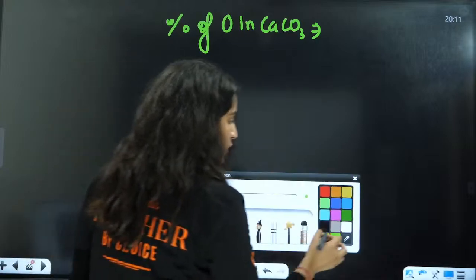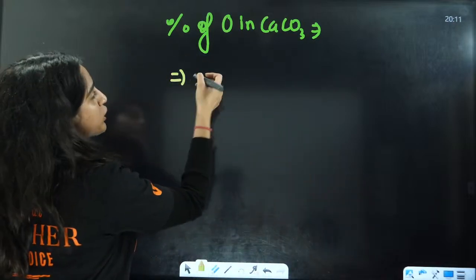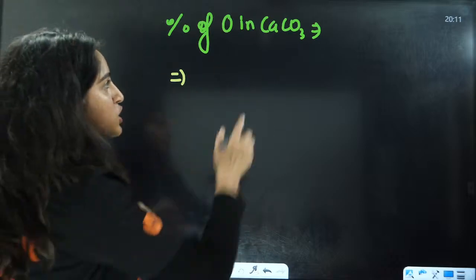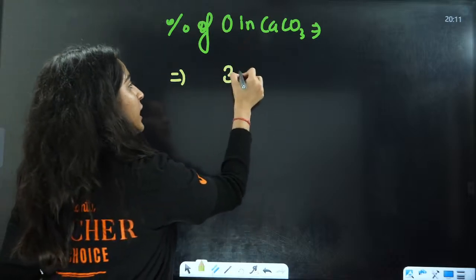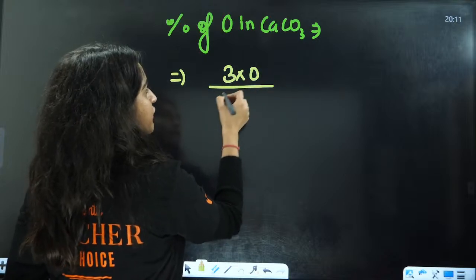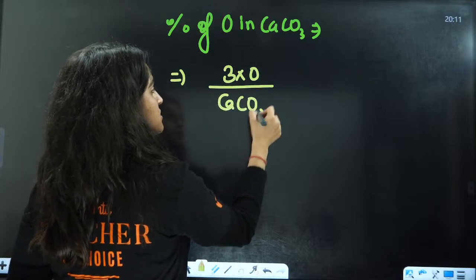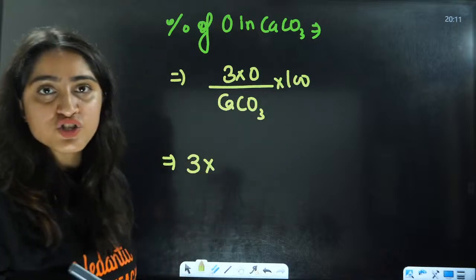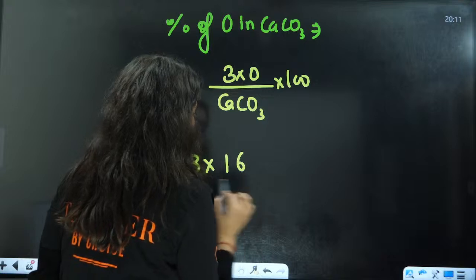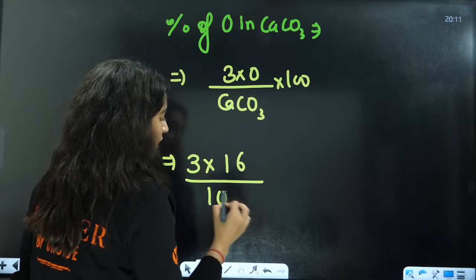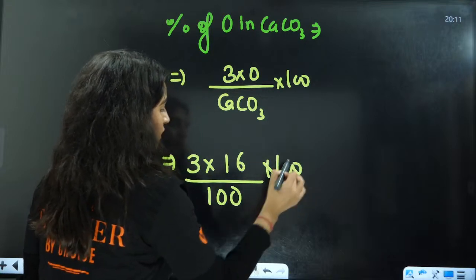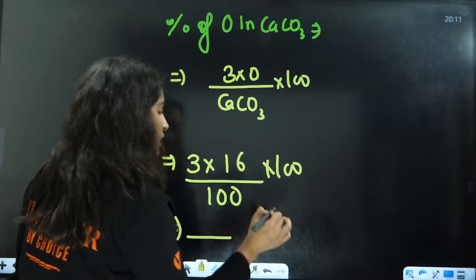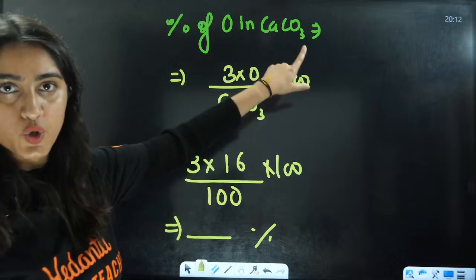In that case, you are going to write the mass of oxygen in this, that is 3 into oxygen mass divided by CaCO3 mass, into 100. That is going to be 3 into 16, divided by CaCO3, that is 100, into 100. Right? That is going to be the right answer.